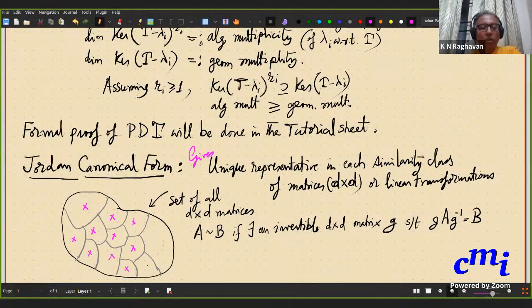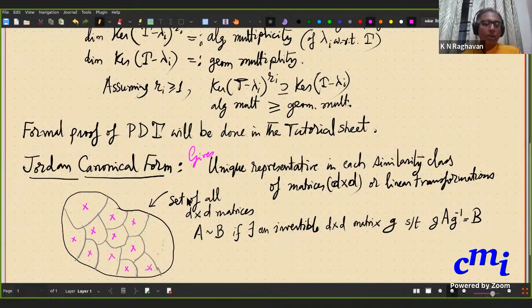So similarly here, the Jordan canonical form is one of these special matrices. So this person going to be elected is a special person, right? The MLA. If the constituency is the similarity class, then the MLA is the Jordan canonical form.